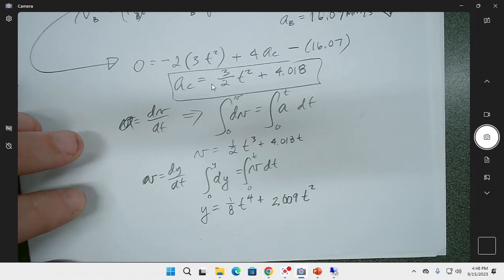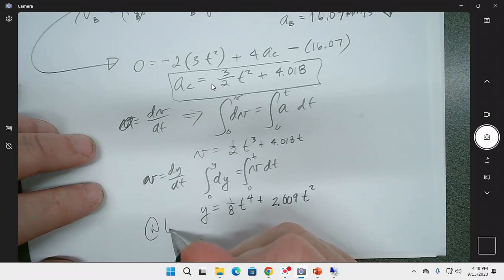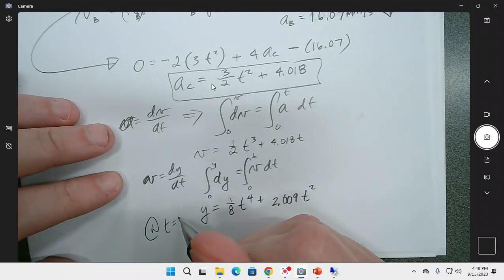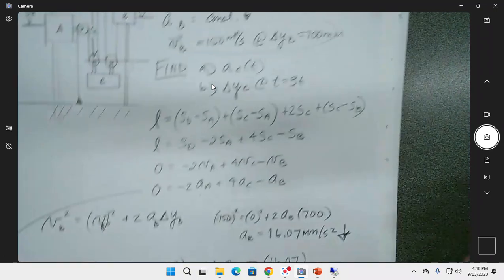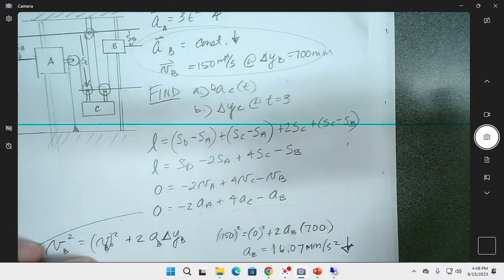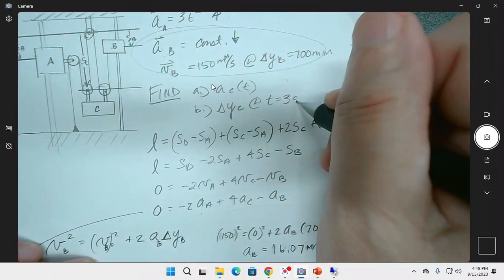I do anything wrong? So at t equals 3 seconds, this is how loopy I am. I put a t next to there instead of seconds.